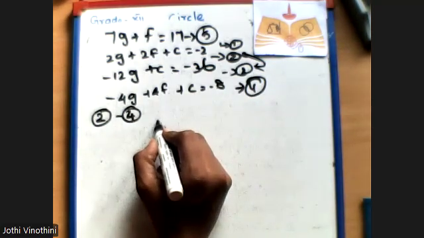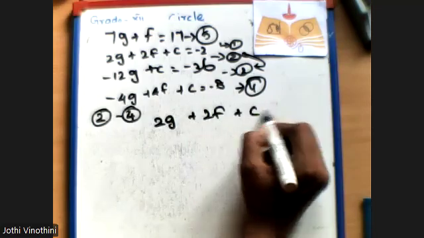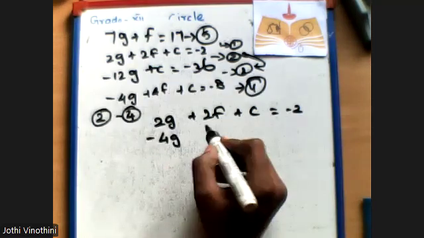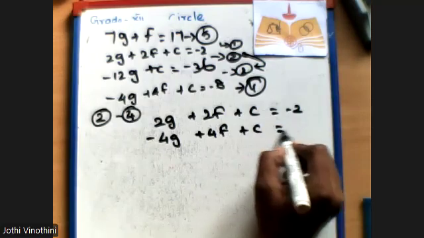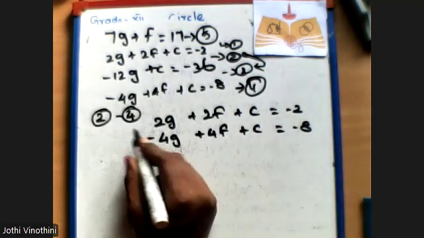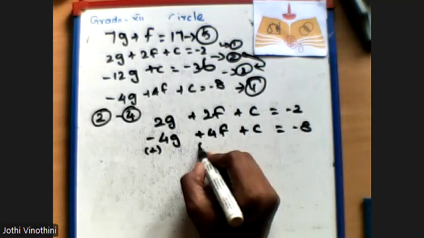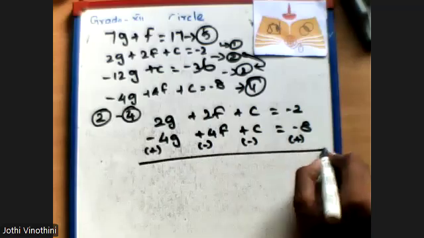So what is 2? 2g plus 2f plus c equals minus 2. What is 4? Minus 4g plus 4f plus c equals minus 8. So we are going to change the sign.